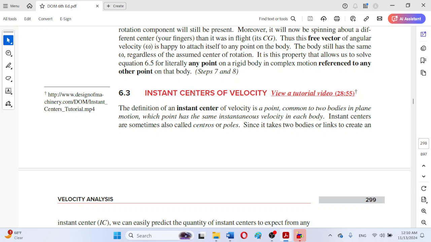So this method is actually used to determine the absolute velocities of various points in a mechanism. But if we are required to determine the relative velocities, how will they be determined? Once the absolute velocities have been calculated using the instant centers technique, we write the relative velocity equation conventionally.